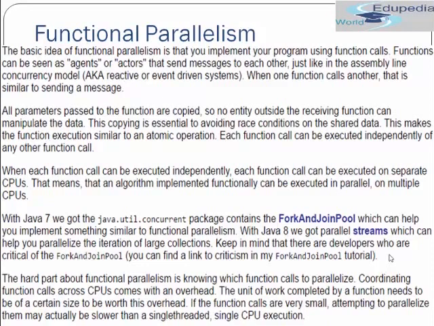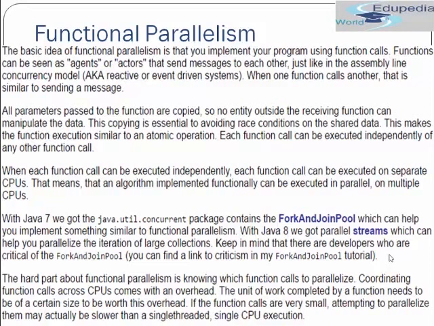Now with Java 7, we got the java.util.concurrent package that contains the fork and join pool. The fork and join pool is a mechanism, or a class, which can help you implement something similar to functional parallelism. And with Java 8, we got parallel streams. There's a concept of streams in Java 8 which can help you parallelize the iteration of large collections.